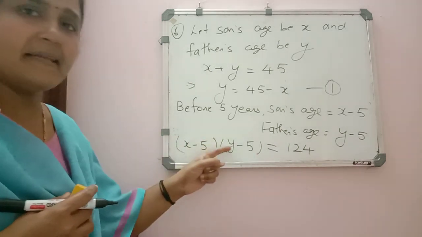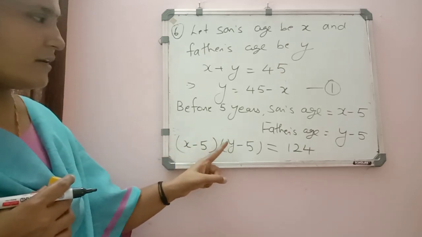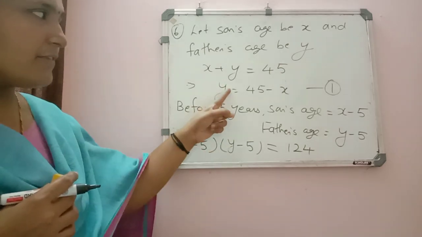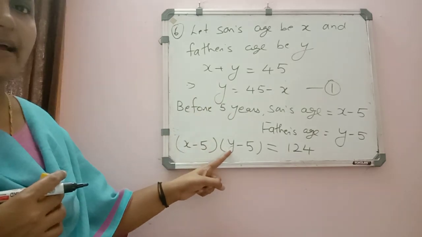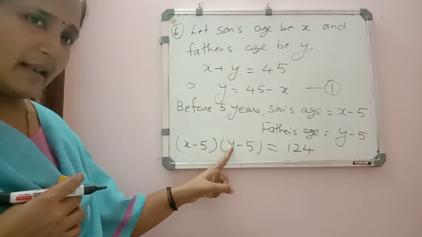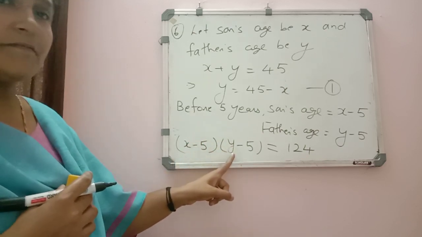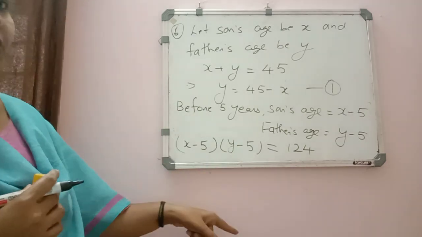Now don't do the multiplication here because we want the value of Y. Instead, first we can substitute the value of Y. Otherwise, if you multiply XY, you have to substitute the value of Y there also, and then minus 5Y will come, and again you have to substitute.